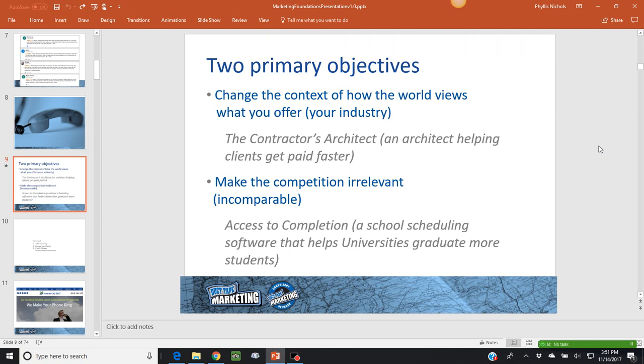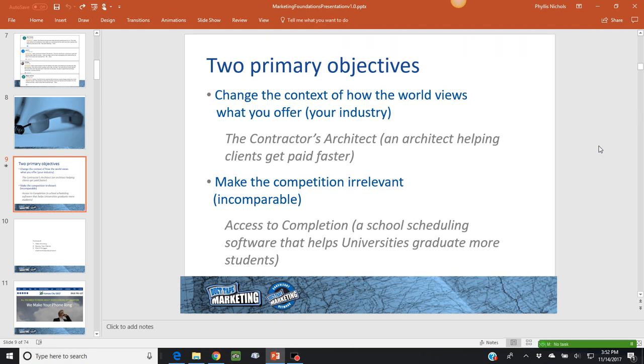If you've got some of that data, that's great, but if you don't have that information, I don't want you to stress about it, because it's just as compelling to understand how your market searches, number one, for the services that you offer. How do they search for that? And number two, how do they view what you offer, what your industry offers?